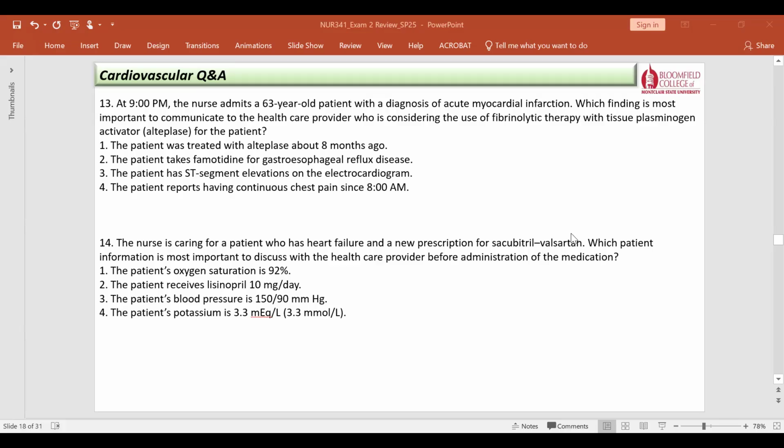If a patient develops angioedema, it's sometimes really life-threatening and results in airway obstruction, especially with tongue enlargement, a swollen tongue, and sometimes the larynx.